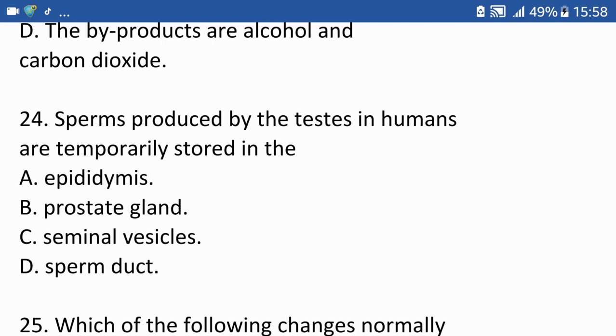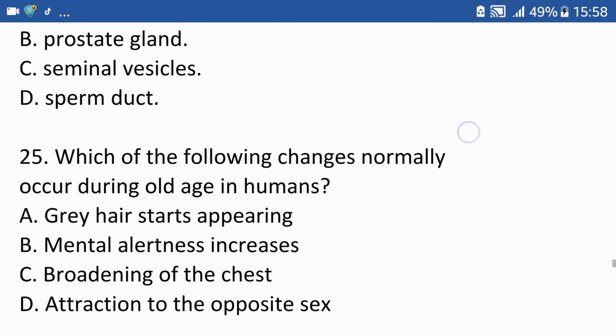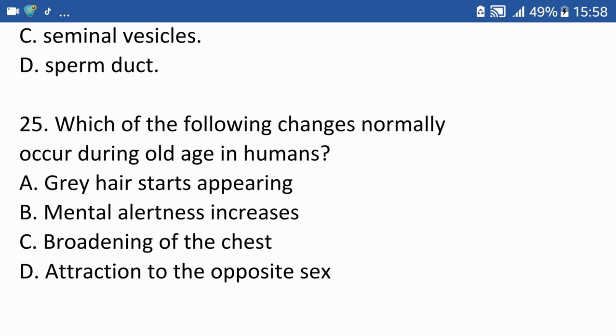Twenty-five, which of the following changes normally occur during old age in humans?